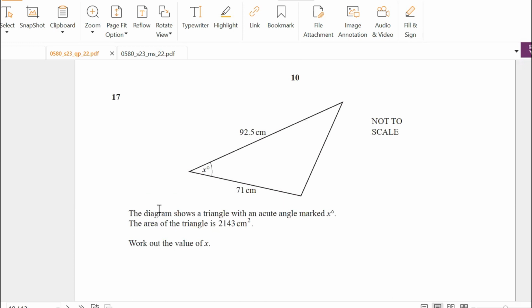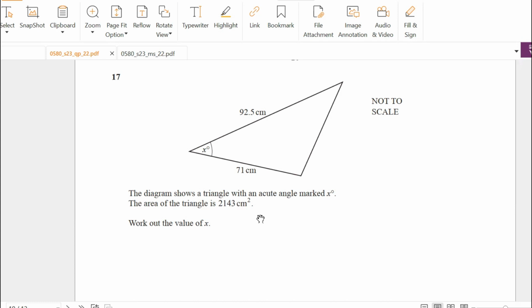Next, this is from trigonometry, like sine and cosine law. Remember that when we do not have a right angle triangle, we have different ways to find the area of triangles. So here, the diagram shows a triangle with an acute angle marked X. The area of the triangle is 2143.